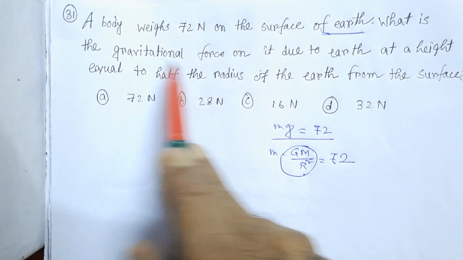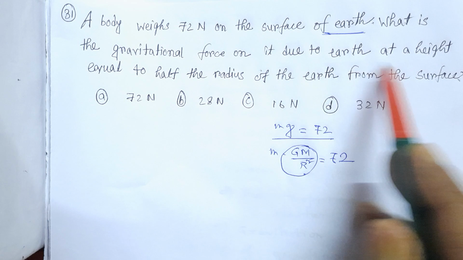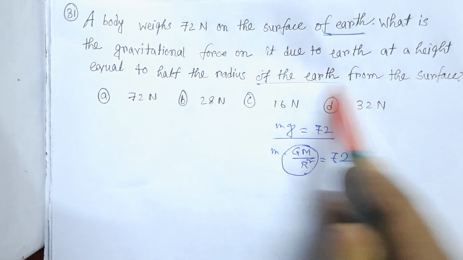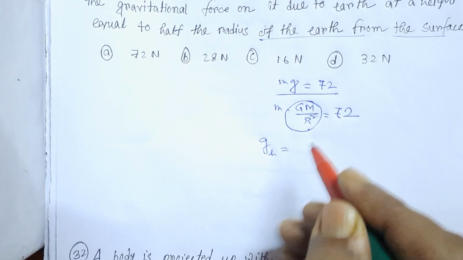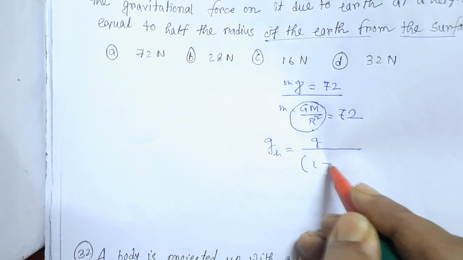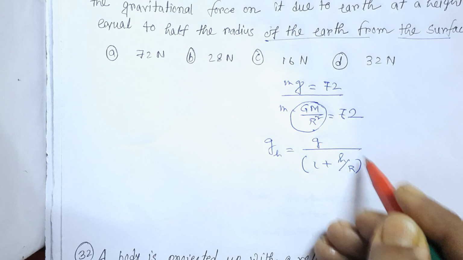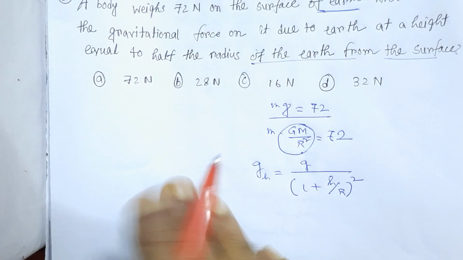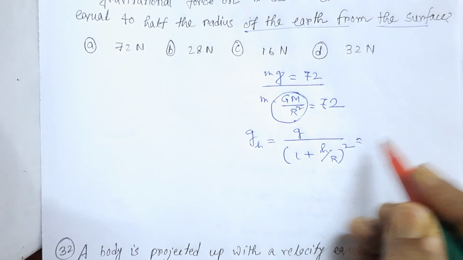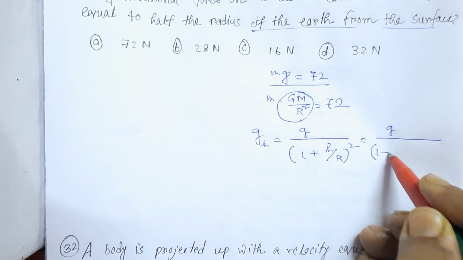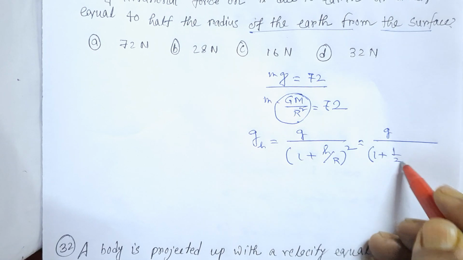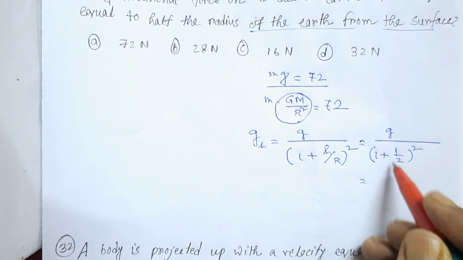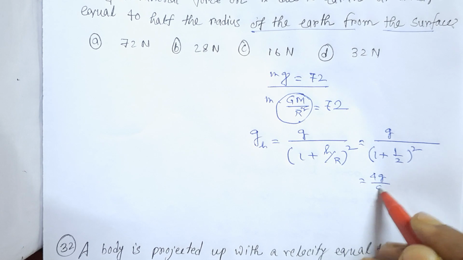In the second case, the gravitational force on it due to Earth at a height equal to half the radius of the Earth. Now, g will change as gh equals g by 1 plus h by r whole square. Now, h is half the radius of the Earth, h equals r by 2. So this is g by 1 plus half, whole square, 3 by 2 whole square, that is 4g by 9.